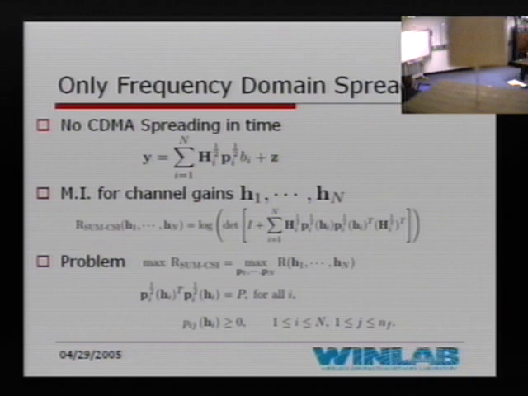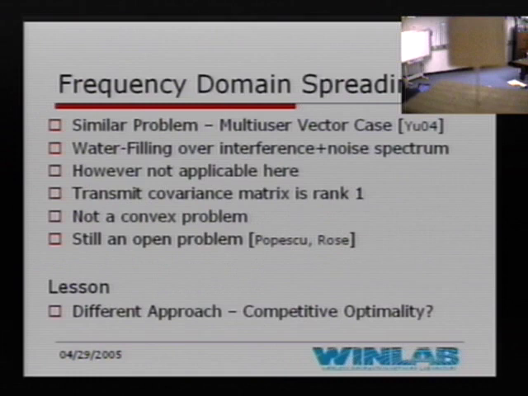So my transmit covariance matrix is rank 1. Is this a MAC problem, or one user? We are N users, capital N users, and each user has one symbol, which replicates across all subcarriers.